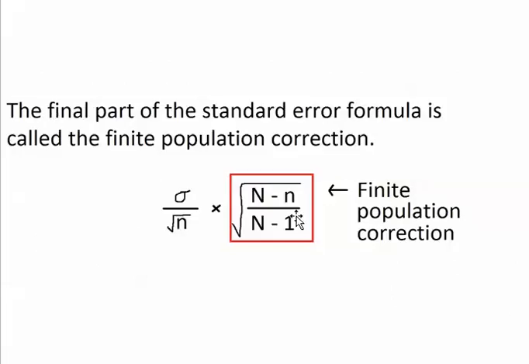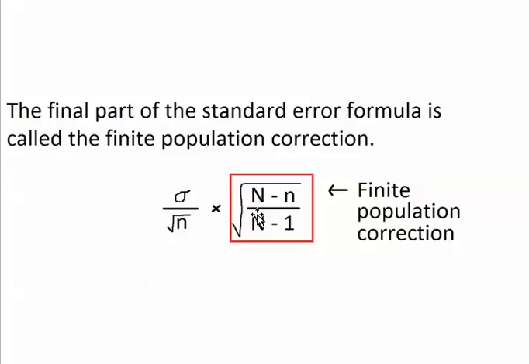Now I wanted to discuss this last part of the standard error formula, which is called the finite population correction. It turns out that this part of the formula only has to be used if the population is small. In other words, if the population is pretty large, this part of the formula doesn't have to be used.